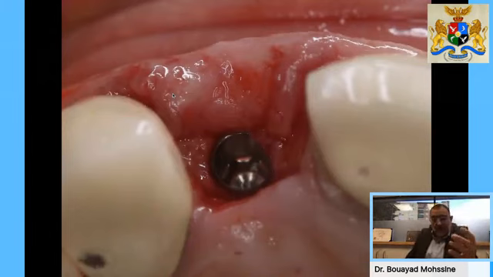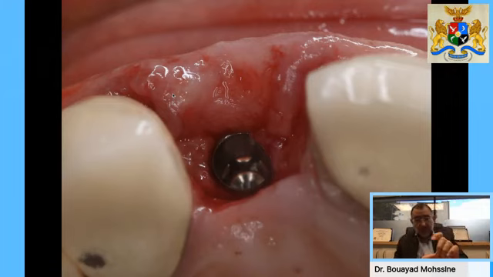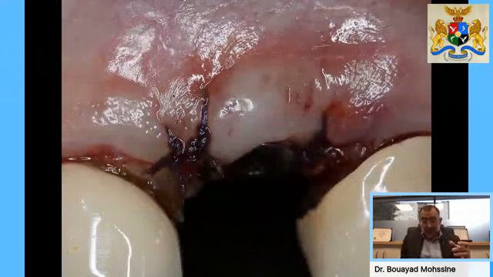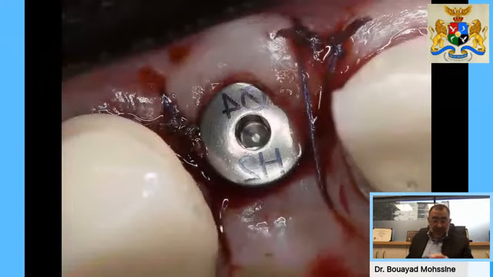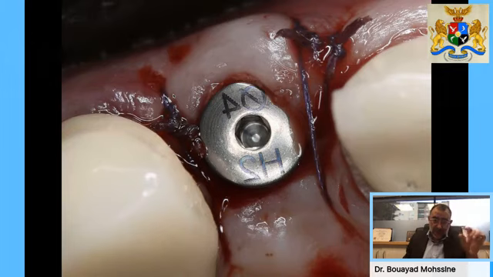That's the roll technique, and in order to create a new volume of vestibular bone and vestibular soft tissue, we placed the healing abutment and we give a suture without tension. We can appreciate here the volume of vestibular soft tissue around the healing abutment.